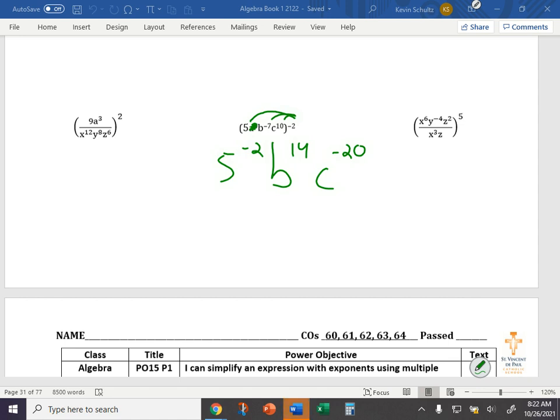So in our final answer, our b to the 14th is going to stay up top, because now that exponent is positive because of the rule. 5 to the -2nd becomes 5 to the +2nd, or 25. And c to the -20th becomes c to the +20th. Okay?